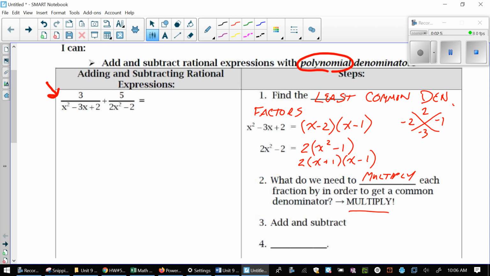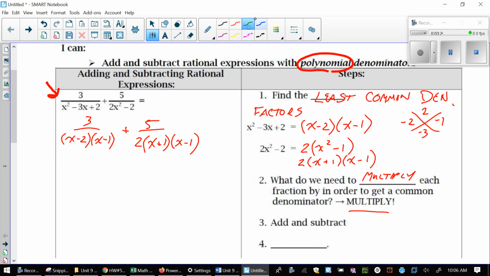So I'm going to rewrite it here so you guys can see this really clearly. We have 3 over x minus 2 times x minus 1, and that's my first rational. And then we have 5 over 2 times x plus 1 and x minus 1.